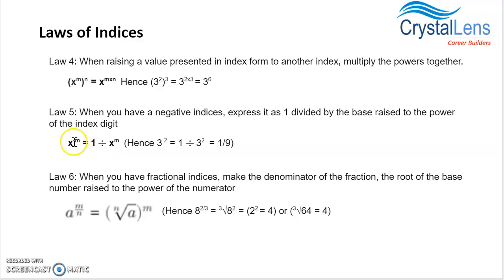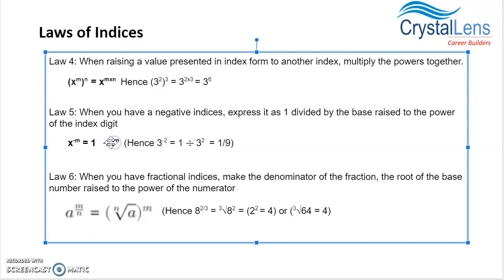Whenever you see a base raised to a negative index, all you have to do is say 1 divided by the base raised to the specific index. So x raised to power minus m would give you 1 over x raised to power m.